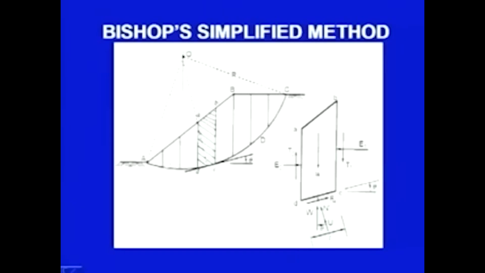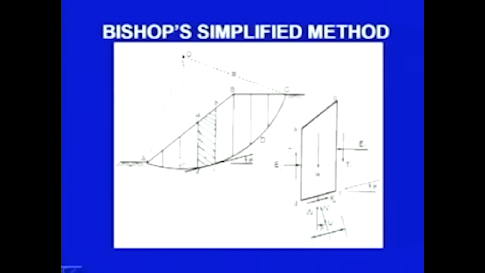As a whole, when you do the analysis, the force T2, you see, is acting in the upward direction for this slice. When we consider the next slice, this one, the same T2 will be acting in the downward direction.